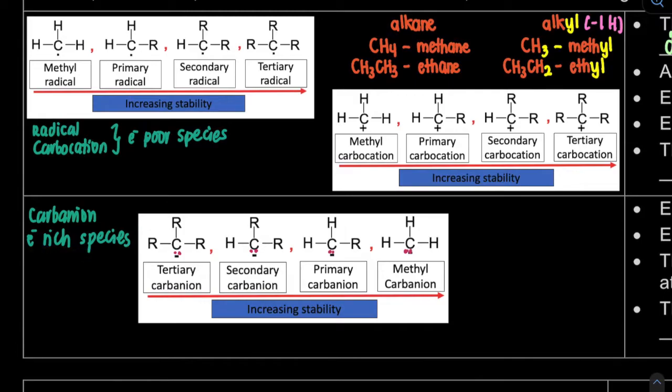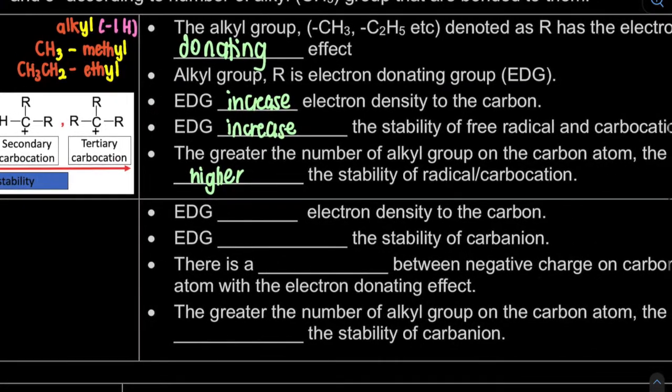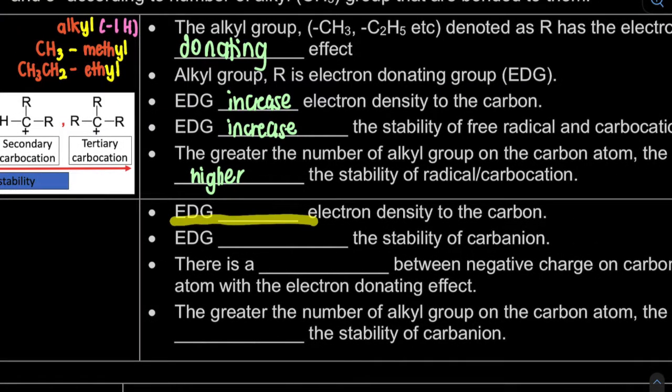Dah kaya dah, tapi kenapa nak bagi lagi? Okay, so kita tengok explanation dia macam mana. Electron donating group, again, what will happen is that it will increase the electron density. Tapi dalam kes ni, dia terbalik tau. Electron donating group ni will decrease the stability of the carbanion.